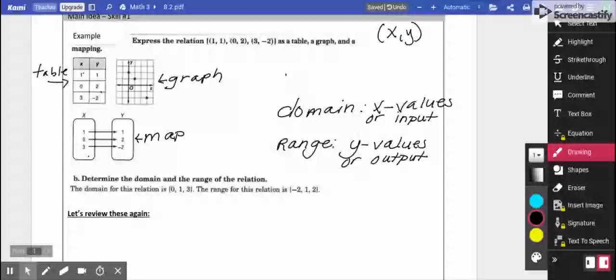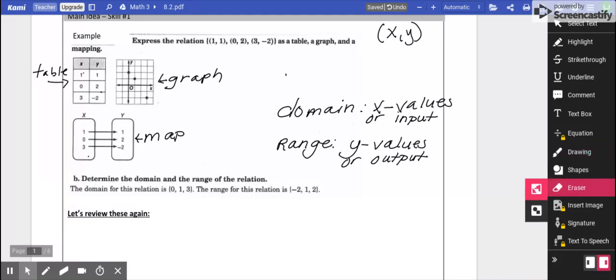So first things first, let's start with talking about the domain. The domain is the input or the x values of the ordered pairs. So in this list here, for example, I've got the ordered pairs (1, 1), (0, 2), (3, -2).